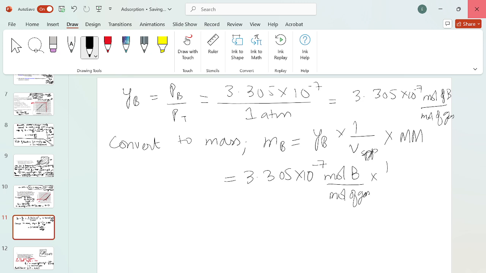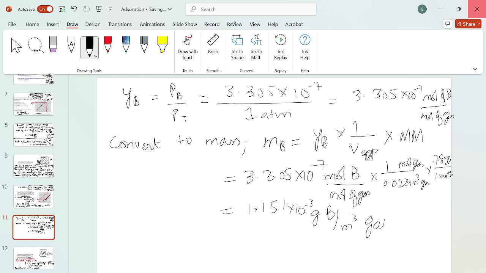Writing units is very important, otherwise you may do it wrong, because while you're writing the units, you do cancellation. That helps in calculating the right unit. So I'm getting 1.151 into 10 raised to minus 3 gram of benzene per meter cube of gas.